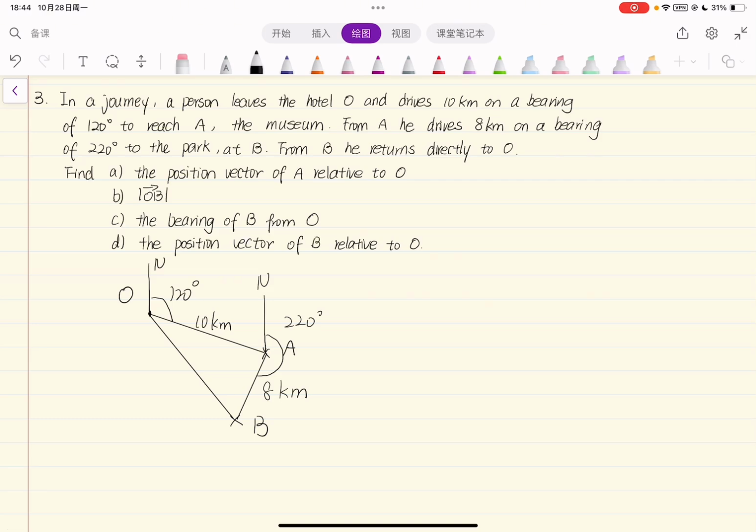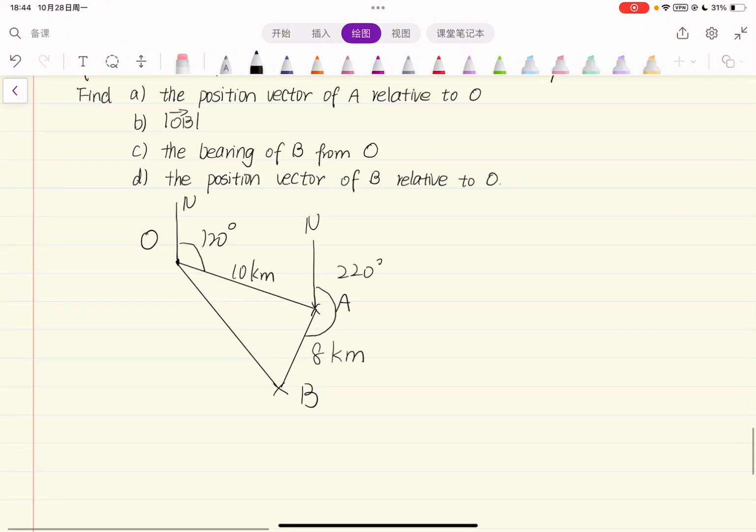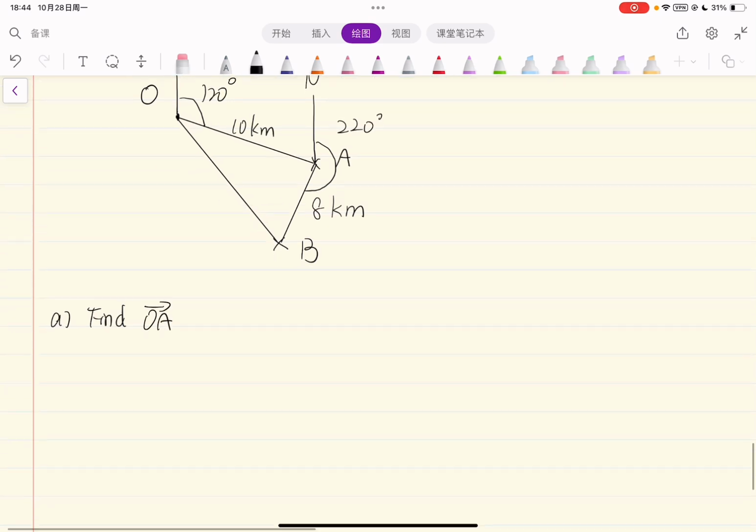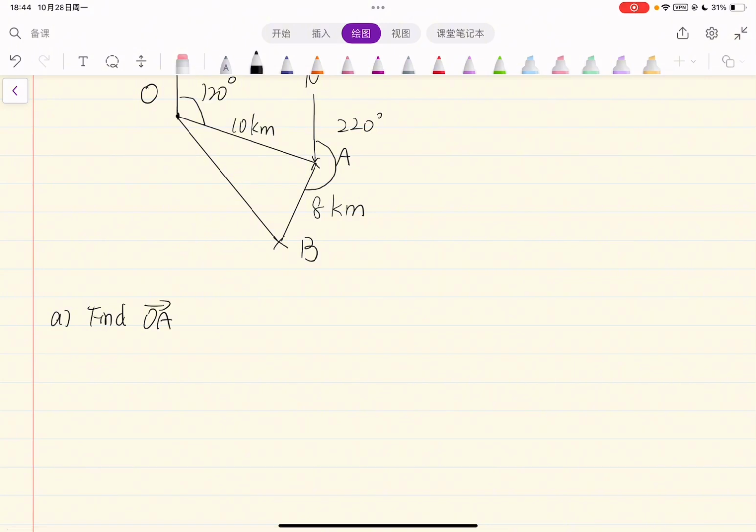So let's look at the question. It asks you to find the position vector of A relative to O, which means you need to find the vector OA. Now let's focus on the OA. Let me do another sketch to zoom in.